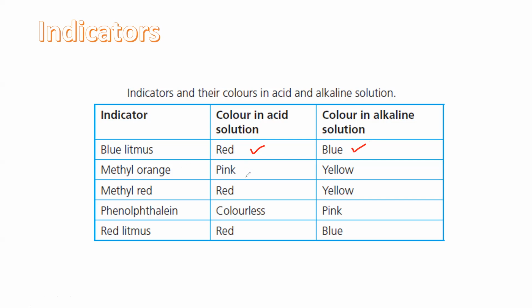Methyl orange is pink in acidic and yellow in alkaline. Methyl red is red in acidic and yellow in alkaline. Phenolphthalein is colorless in acidic and pink in alkaline. Red litmus is red in acidic, but in alkaline it is blue. So these are the colors of indicators in different solutions, and you have to memorize this table.